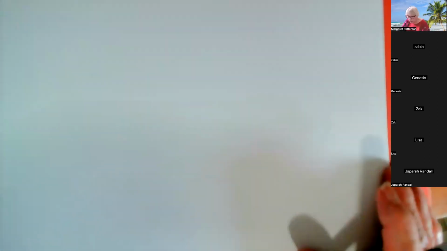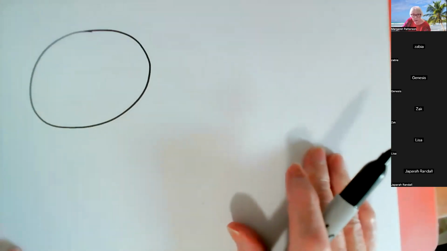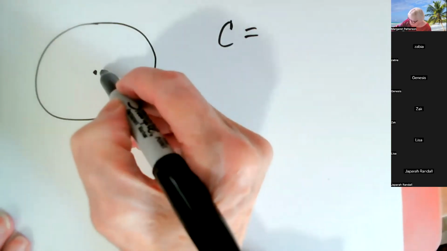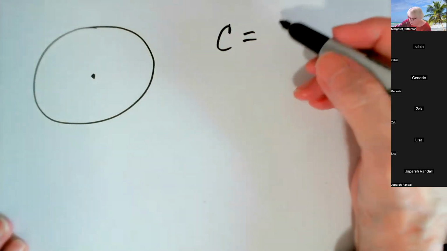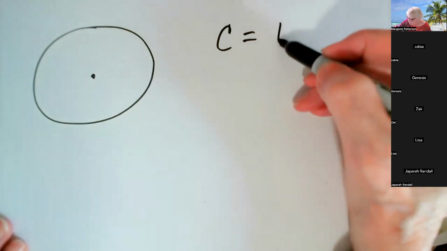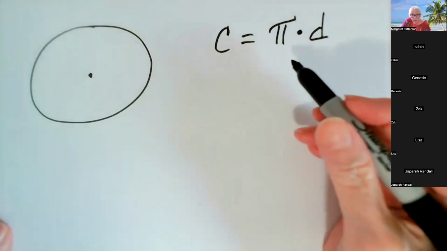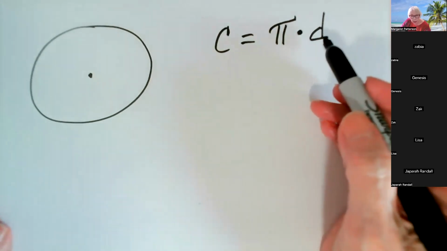The ones that people have the most trouble with are the circles. There's one formula for circumference, and there are actually two formulas for it. I've been encouraging this one, but there's another one, 2 pi r.